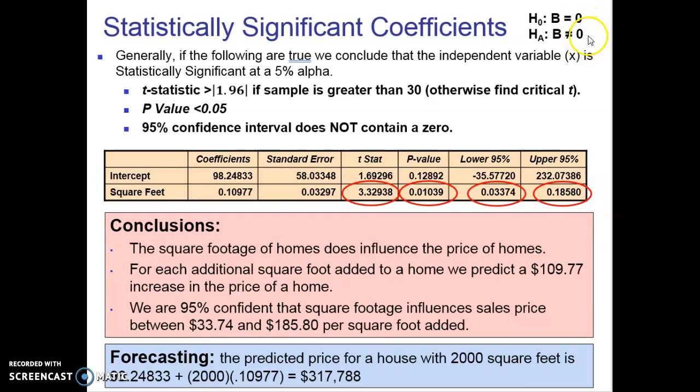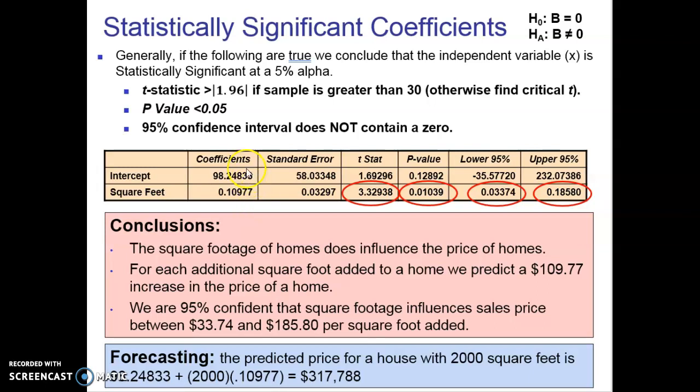Which of these would a researcher want? Well, if you go out and you collect a sample on home prices in square feet, and you run this regression and you get these coefficients, okay, you want these coefficients to tell you that the true population coefficient is not equal to 0, thus demonstrating based on your sample that there is a relationship between square footage and home prices.